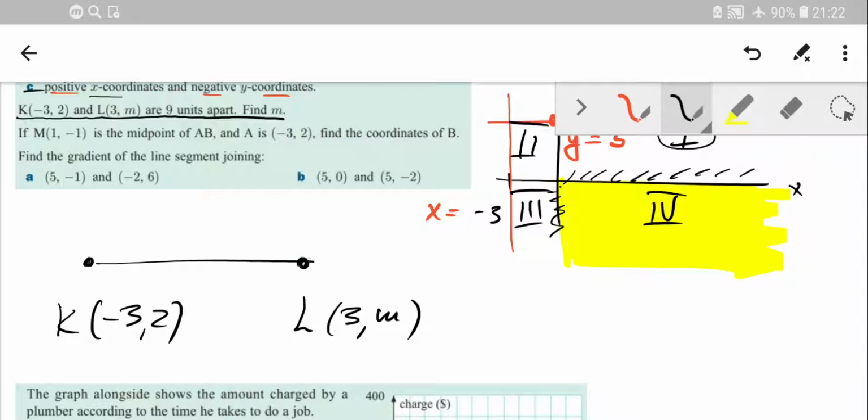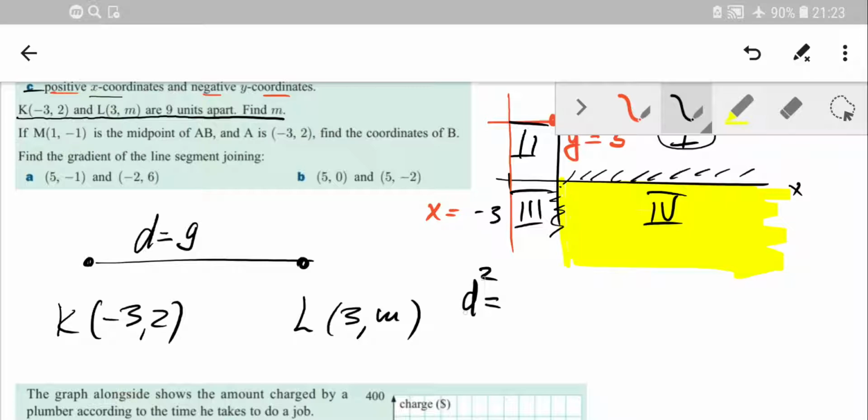And you know that they are 9 units apart. So we know the distance, and we simply apply the formula, right? We're just writing the distance formula.